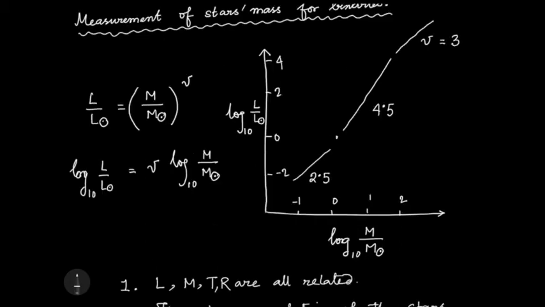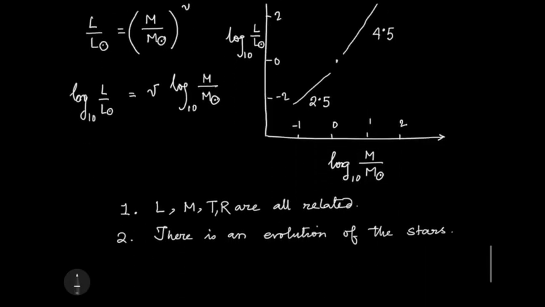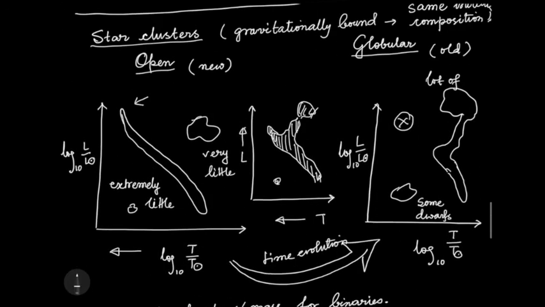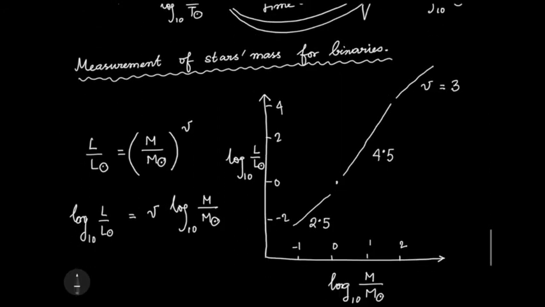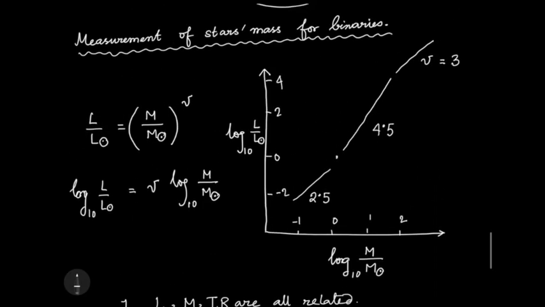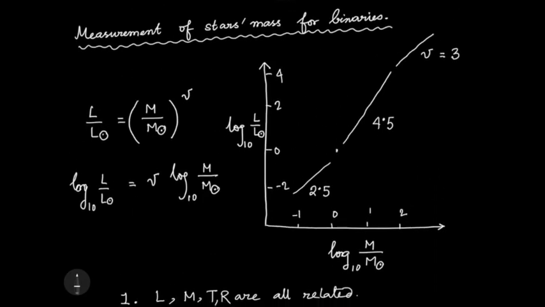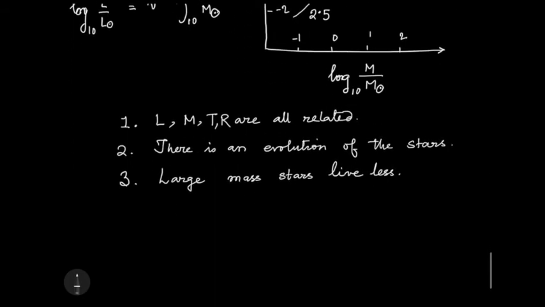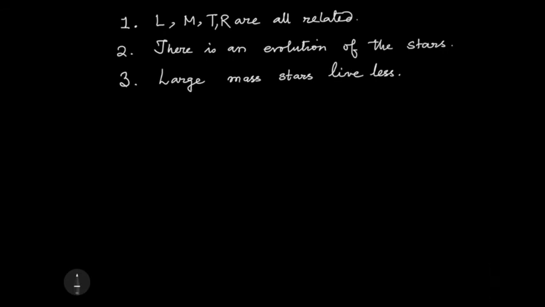This curve is also telling you larger luminosity corresponds to larger mass, which means we found from here that the large luminosity stars live less, so we can conclude that large mass stars live less. So these things were known just from the observations. Well, I should not say just from the observations, because that is quite complicated, but this was known.